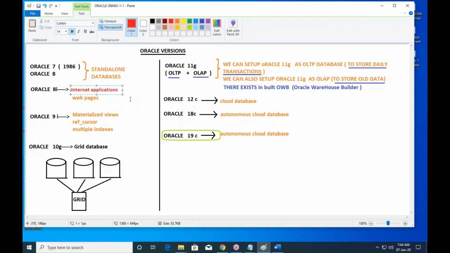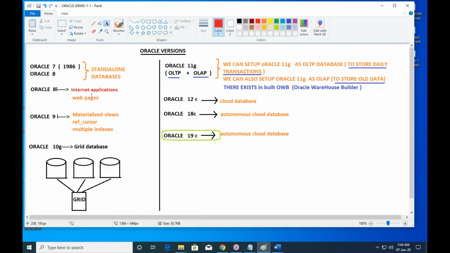Through web pages, we can access data. Nowadays, we are very happy to perform any online transaction because of 8i only. That is the basis for online transactions.